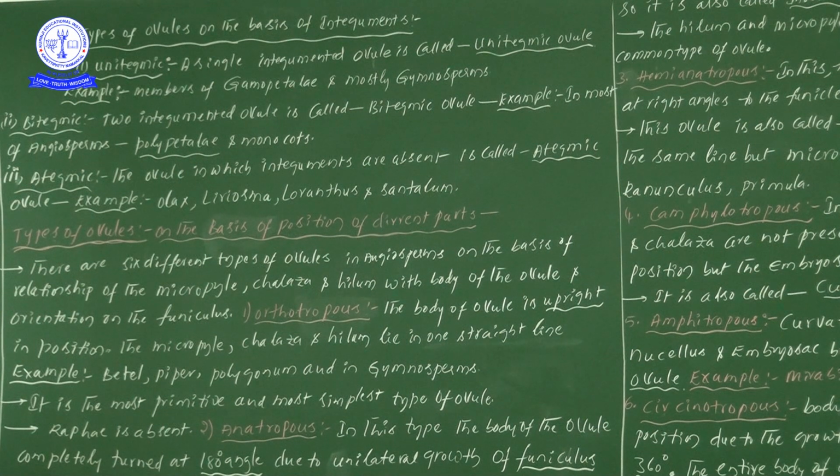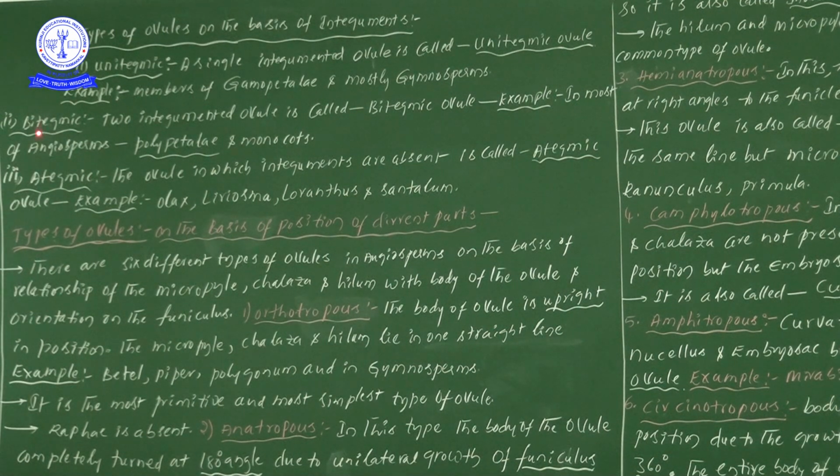So there are different types of ovules on the basis of integuments. First is unitegmic, second is bitegmic, third is ategmic. Simple information: unitegmic has only one integument, which we can see in Gamopetalae conditions and mostly gymnosperms.